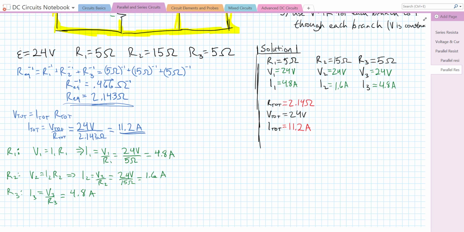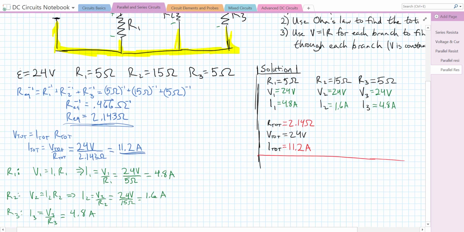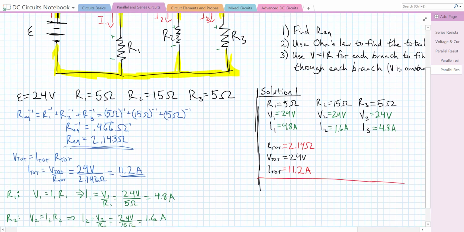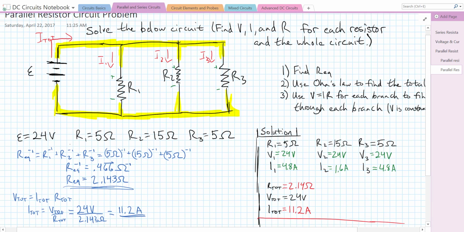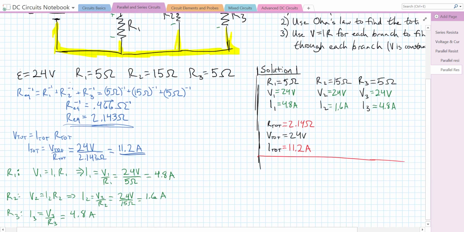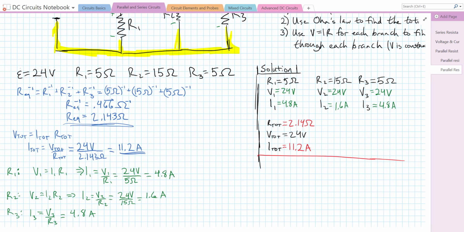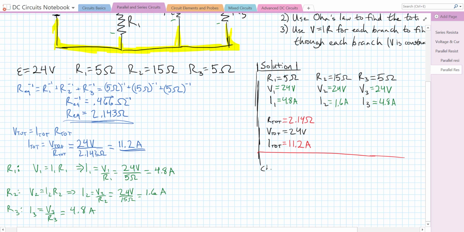Now, one thing I want to do is check my answer. And to do that, I'm going to look at the currents that we solved for. We know that the total current is 11.2 amperes. And as that current travels throughout the circuit, it's going to split among the 3 paths. So the 3 paths should add up to 11.2 amps of current. So let's check that I1 plus I2 plus I3 is equal to 11.2 amperes. So we're going to check for reasonableness.